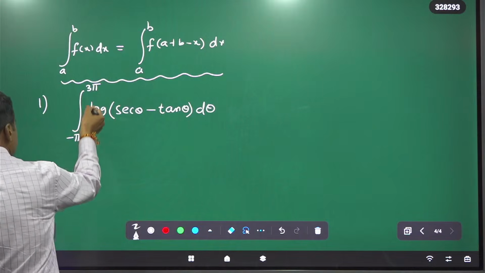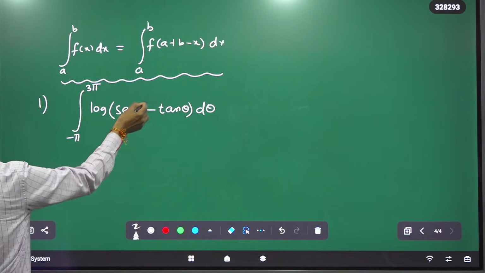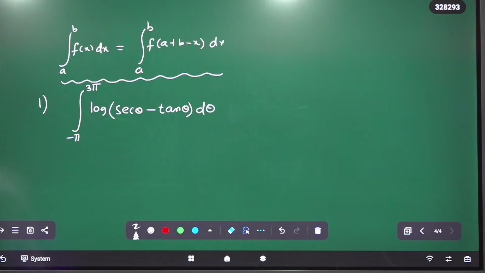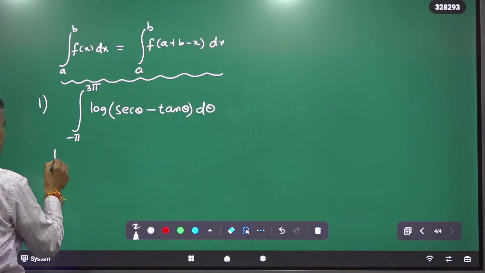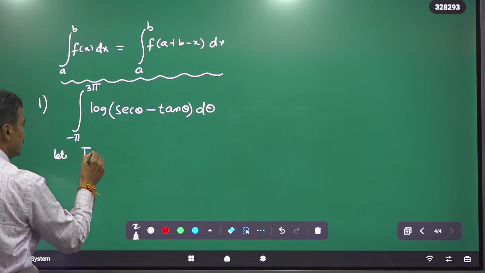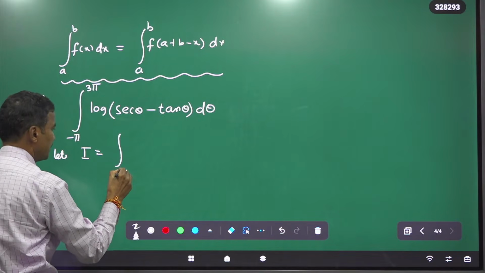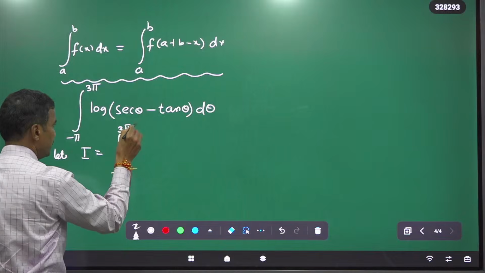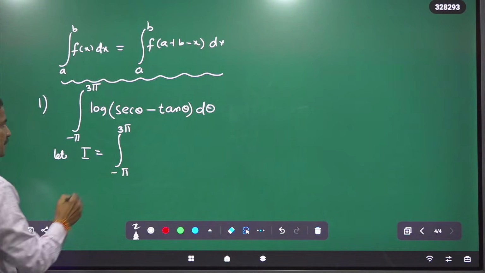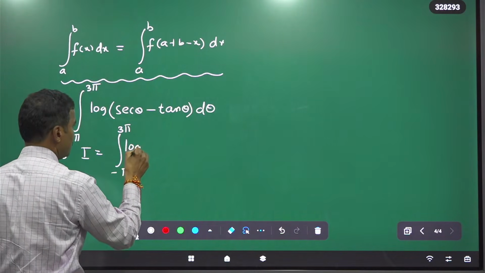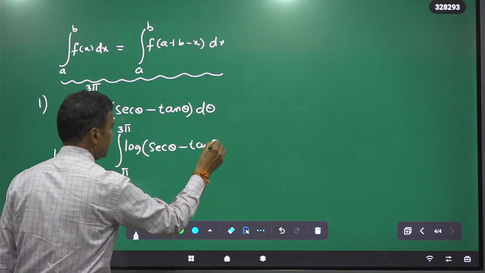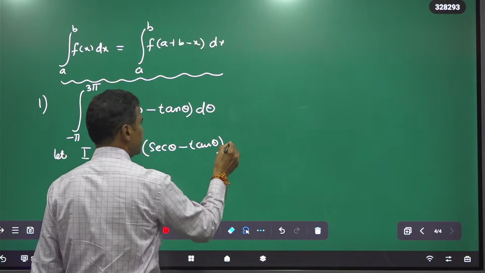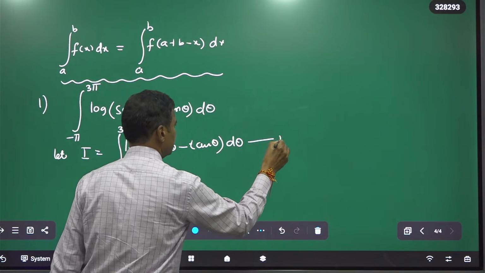So let I be the given integral, which we are denoting by capital I: the integral from minus pi to 3 pi of log of secant theta minus tan theta d theta. Take this as equation 1.